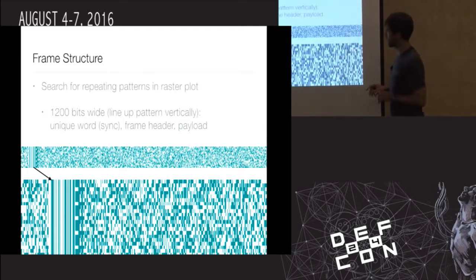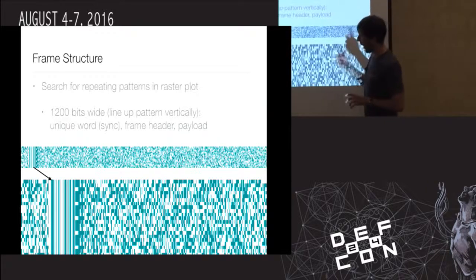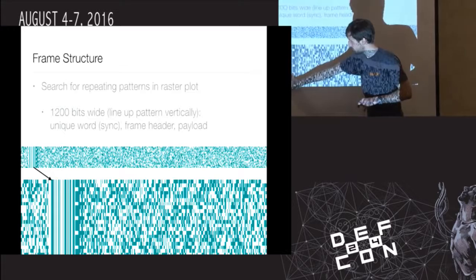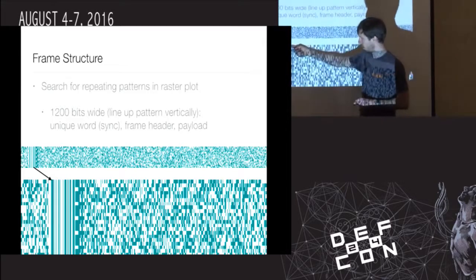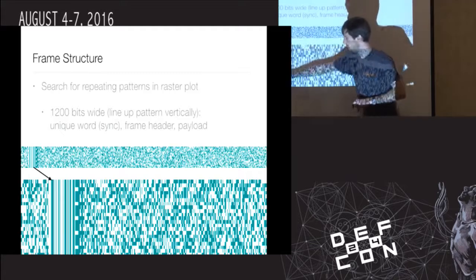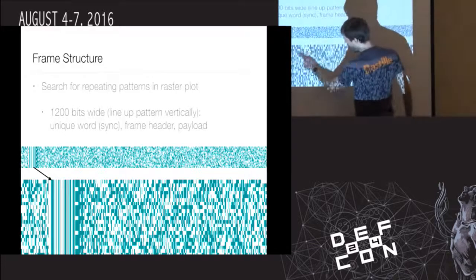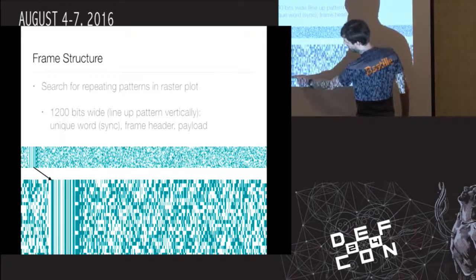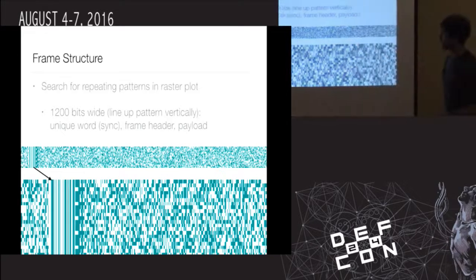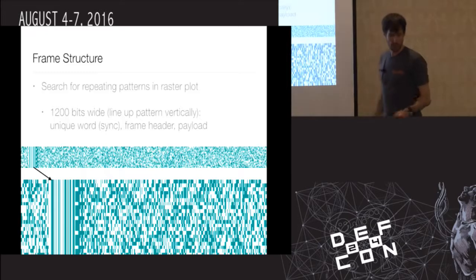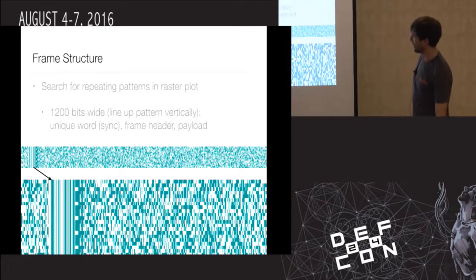Just a mixture of 1s and 0s, no structure to it. However, in here, there is this very repetitive series of bits, which is why you get these vertical lines. Each one of these scan lines has the same series of bits here. And then there's some sort of a counter or some marker happening here as well. So that would be indicative of a synchronization field to begin decoding that packet.